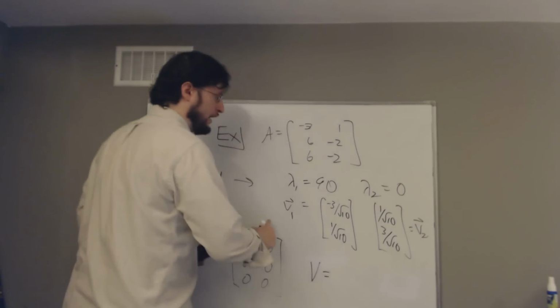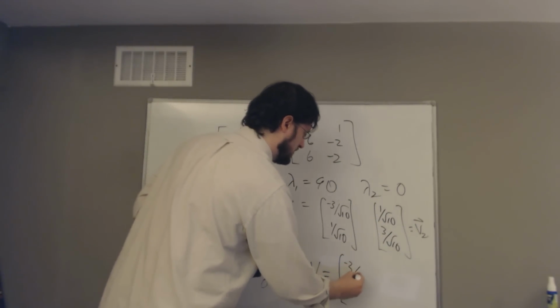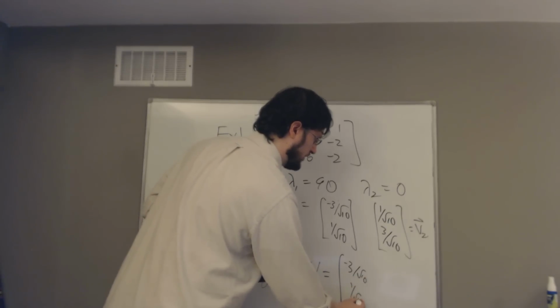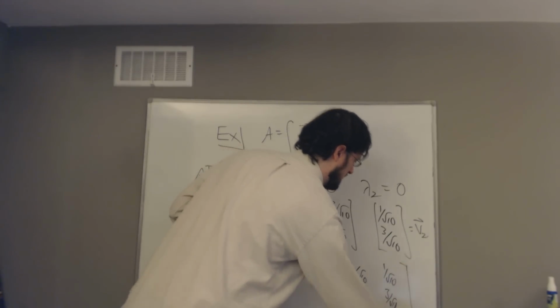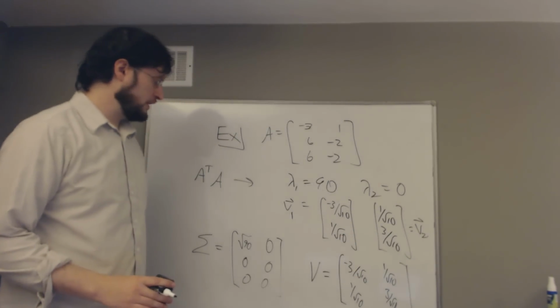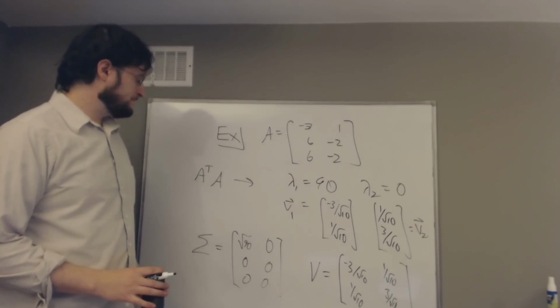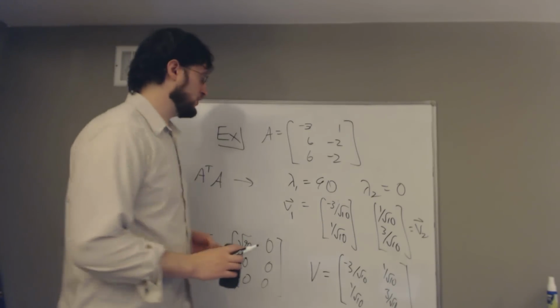V we make out of our eigenvectors, V1 and V2. Minus 3 over root 10, 1 over root 10, 1 over root 10, 3 over root 10. Right, so that's V. We include all of those, even though we only had to use our positive ones over here.